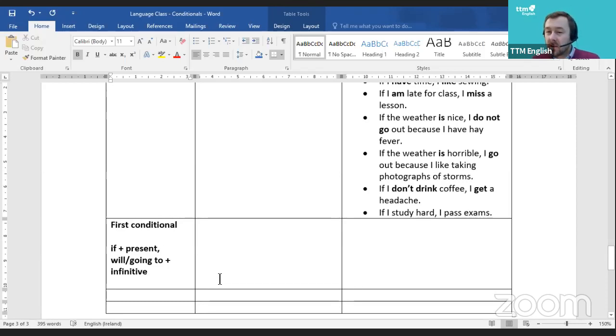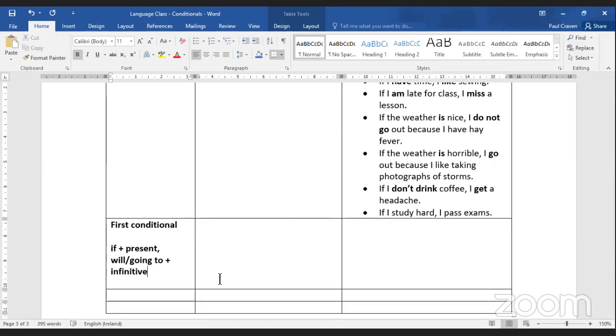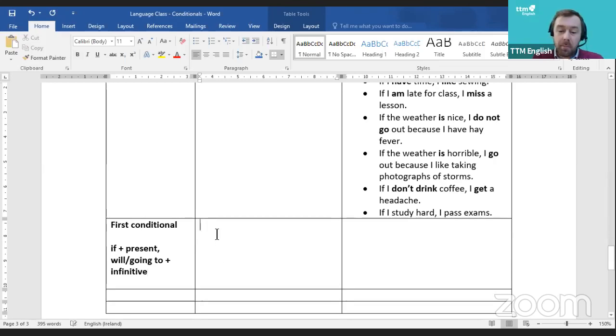So will and going to, what are they for? They're for the what tense? The future. So they're perfect for making predictions. They're really good for making predictions. So let's think about this.